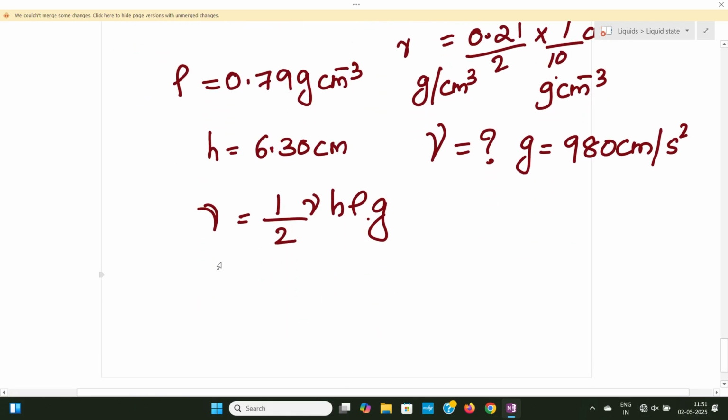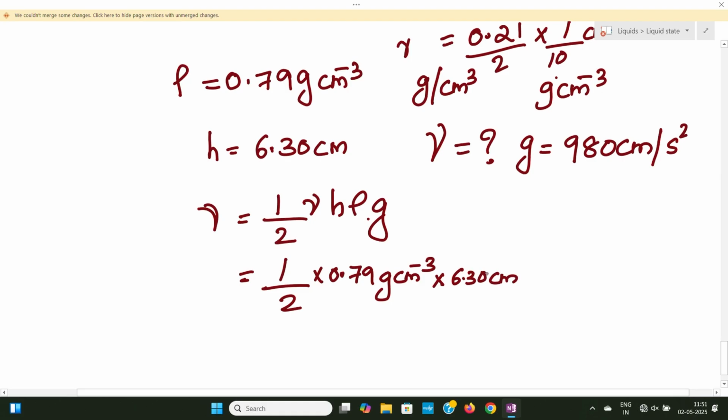So, we have to substitute all the values here, that is 1 by 2, rho is 0.79 gram centimeter cube, H is 6.30 centimeter, then R. Sorry, instead of R, I had written the density here, that is 0.79 gram centimeter cube.